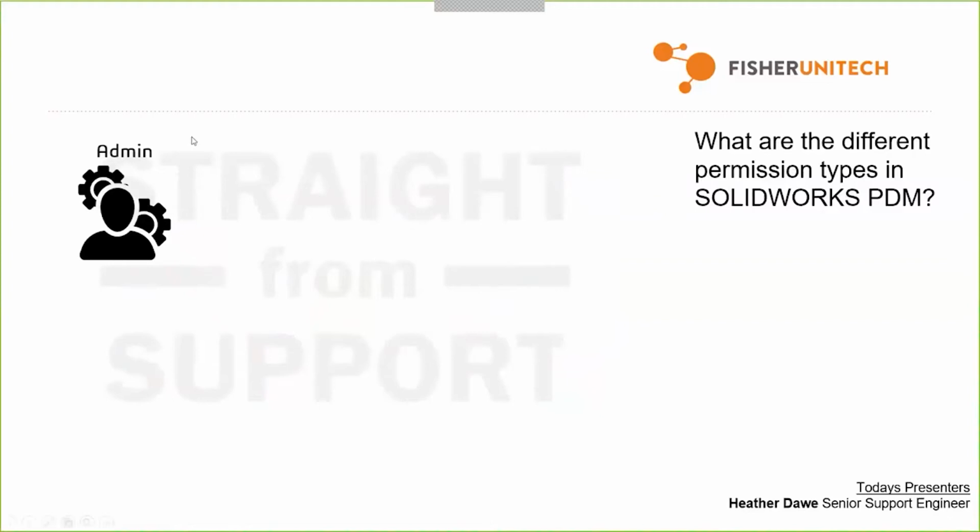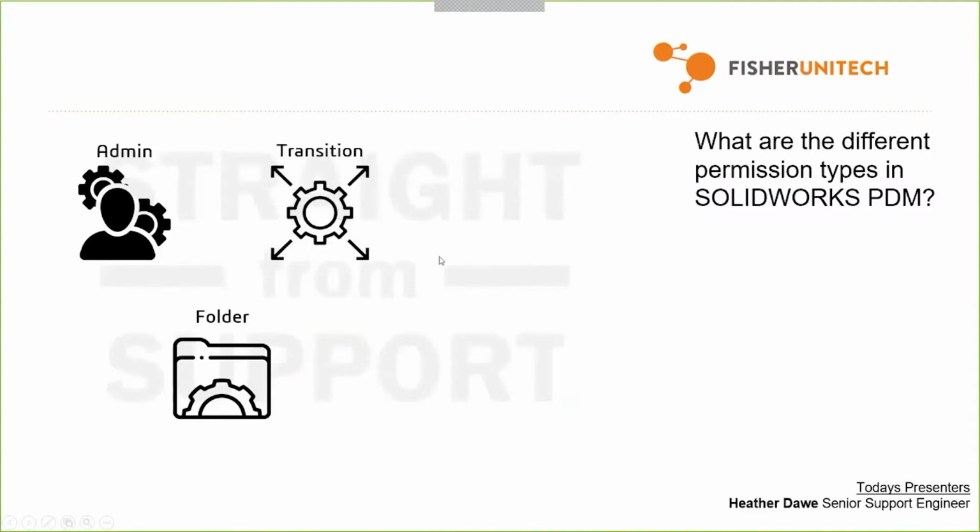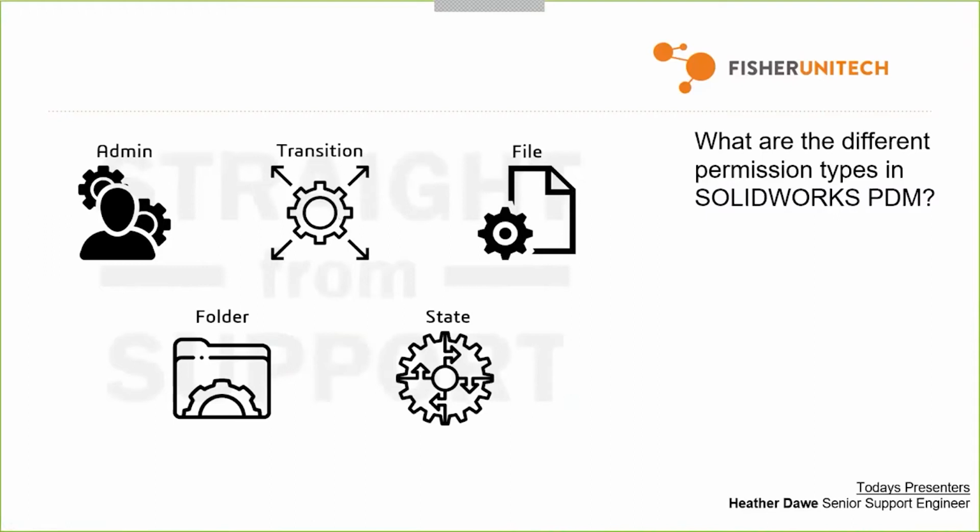There are folder permissions, which give us permissions for a specific folder. There are transition permissions, which tell us what transitions we can and can't use and how we can use them within SOLIDWORKS. There are state permissions, which tell us what we can do with certain files in certain states. And then there are file permissions, which are specific to each file.